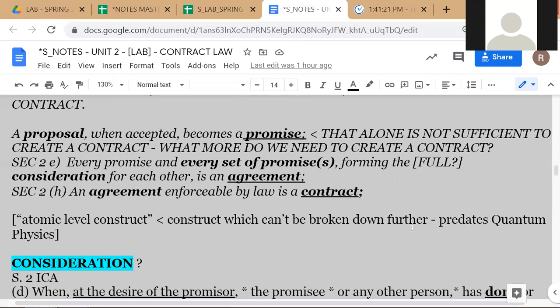Even after quantum physics has come onto the scene, many years ago, this language has not changed. So we still say atomic level construct, by which we mean a construct which is at the very basic level and can't be broken down further.